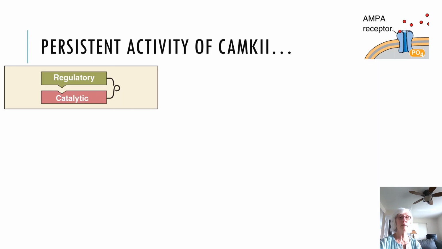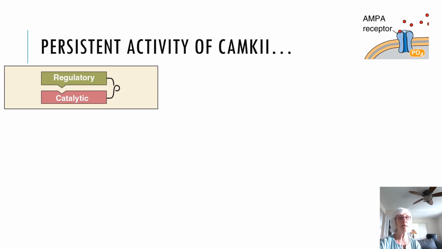Well, one of the things that we do need in order to make our memories more permanent is to have CAM kinase 2 or CAMK2 be persistently active. So it has to be turned on all of the time.